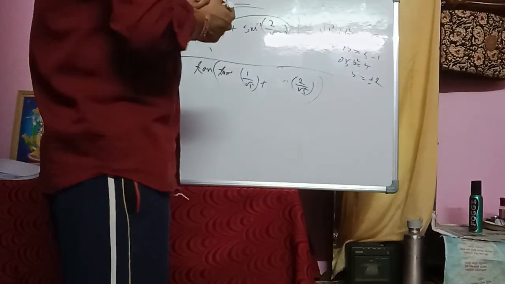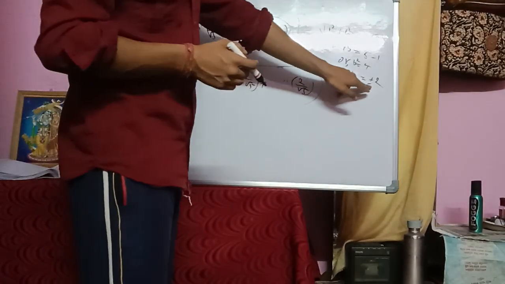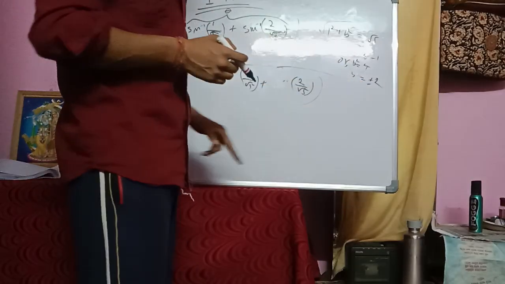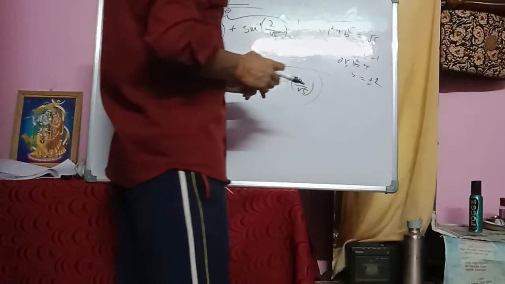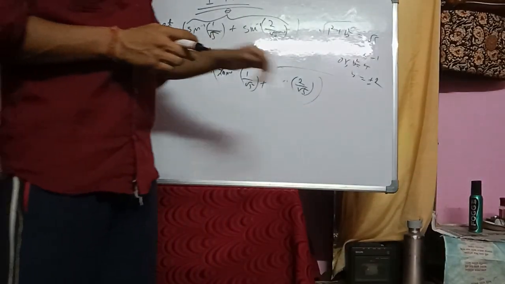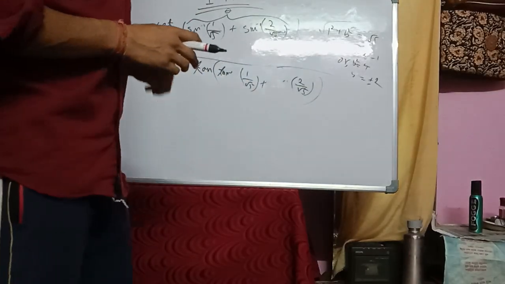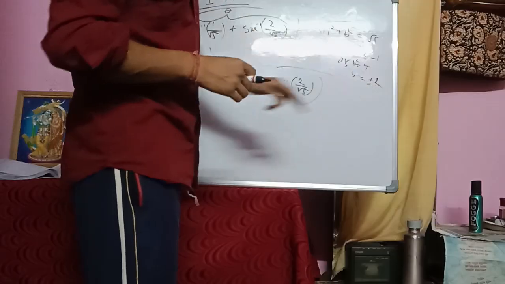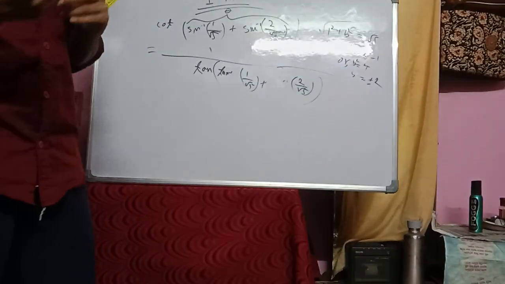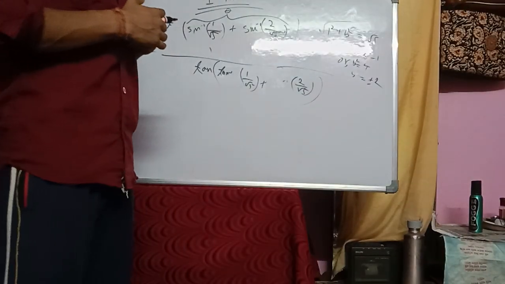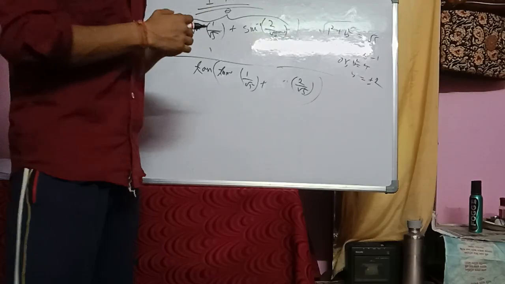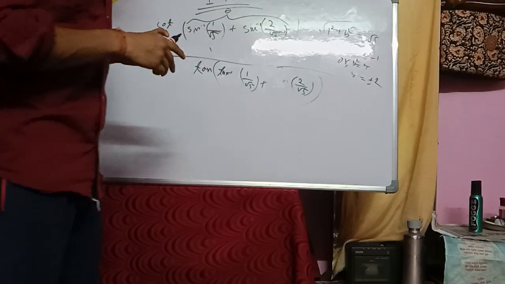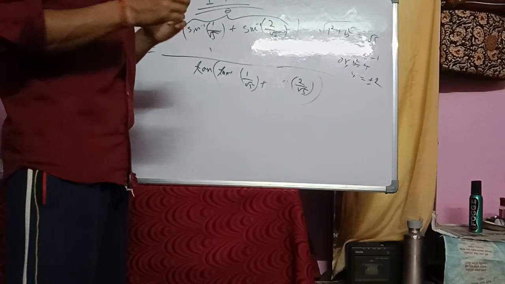Now we are only going to take the positive side over here, because at the end of the day this is nothing but the base of a triangle, basically a length, and a length can never be negative. Yes, you can play around with its direction, but its magnitude can never be negative.